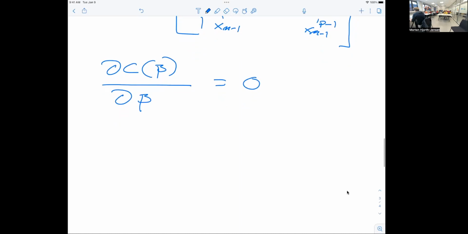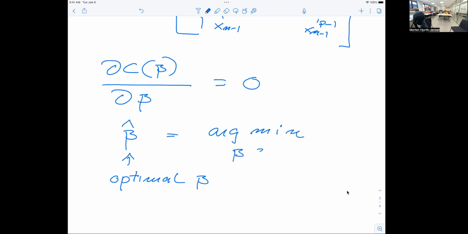So the optimal beta, those which give us the smallest mean square error, and when I put a hat on it, it's just the optimal quantity, is given by the minimization for all betas, and we have p of them, of this function C of beta.